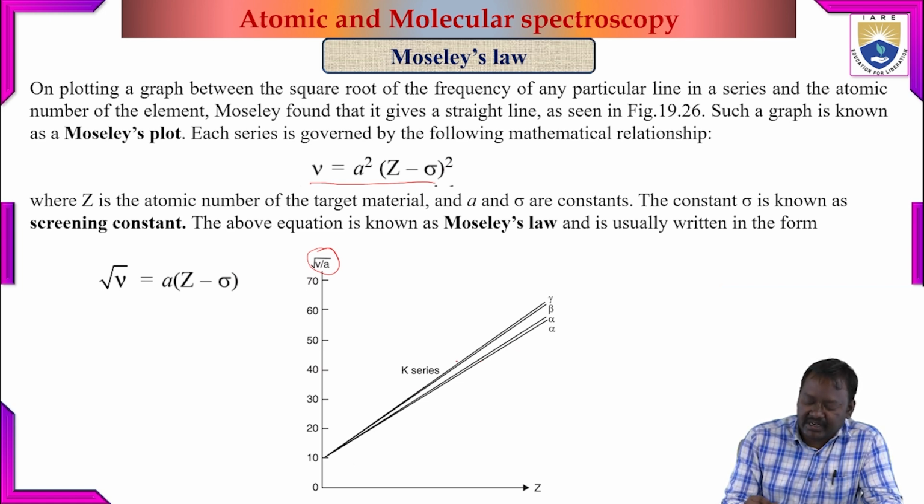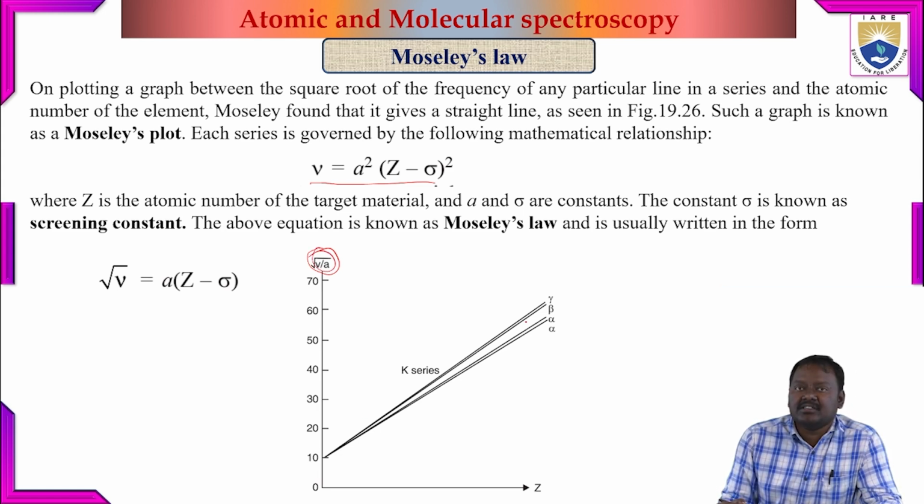So we are getting straight lines like this. With increasing atomic number, the square root of frequency value also increases gradually, and it is the same straight line for all the elements.